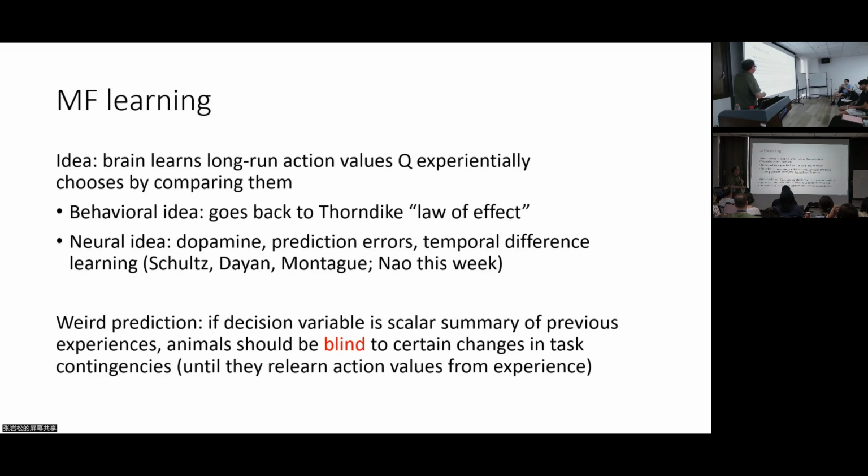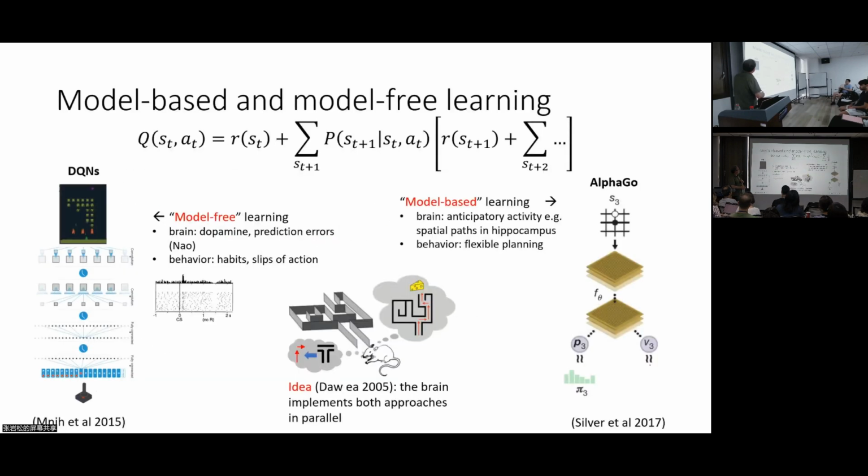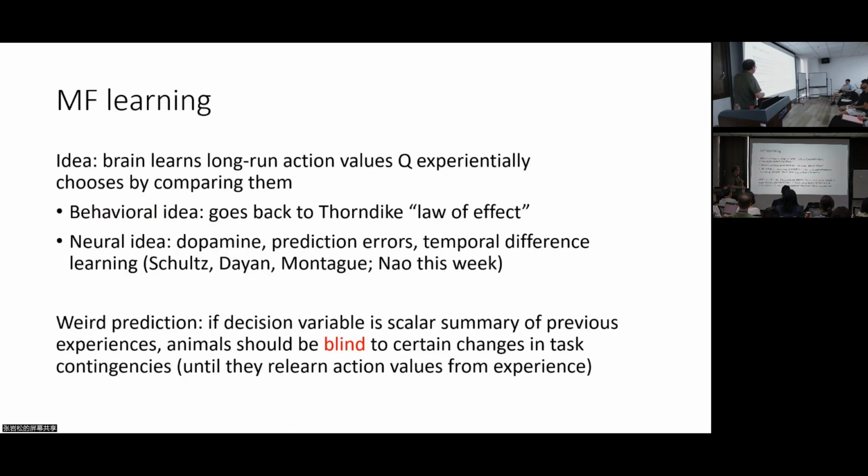If you learn your decision variable experientially by taking actions and seeing the rewards they lead to, which is basically how model-free reinforcement learning works, and something in the world changes that invalidates what the sum of reward should be, then you should be blind to those changes even though you know about them.